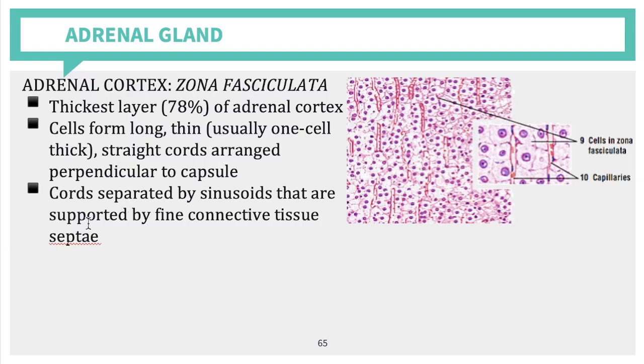The zona fasciculata, on the other hand, has very long, straight cords. This looks like cords, right? Long, straight cords arranged perpendicular to the capsule, okay? So that's how we know that's going to be zona fasciculata.